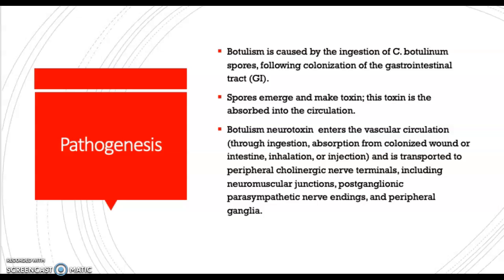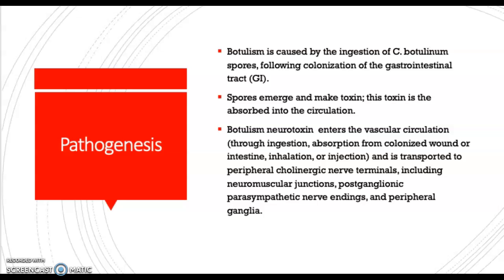So the pathogenesis. Botulism disease is caused by the ingestion of C. botulinum spores with subsequent colonization of the gastrointestinal tract, the GI. Spores germinate and produce toxins, which are then absorbed into the circulation.